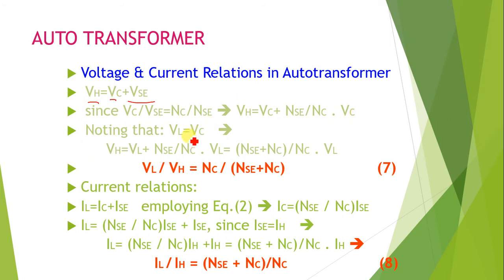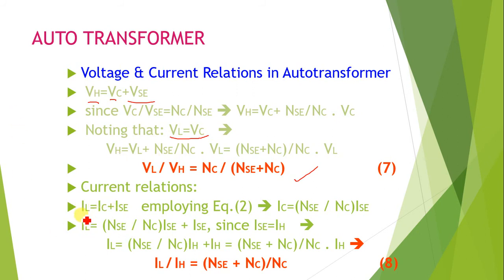We already know that VL is equal to VC, so VH is equal to VL plus NSC by NC into VL, which is nothing but NSC plus NC by NC into VL, where VL by VH is equal to NC by NSC plus NC. This is the voltage formula for an auto transformer.